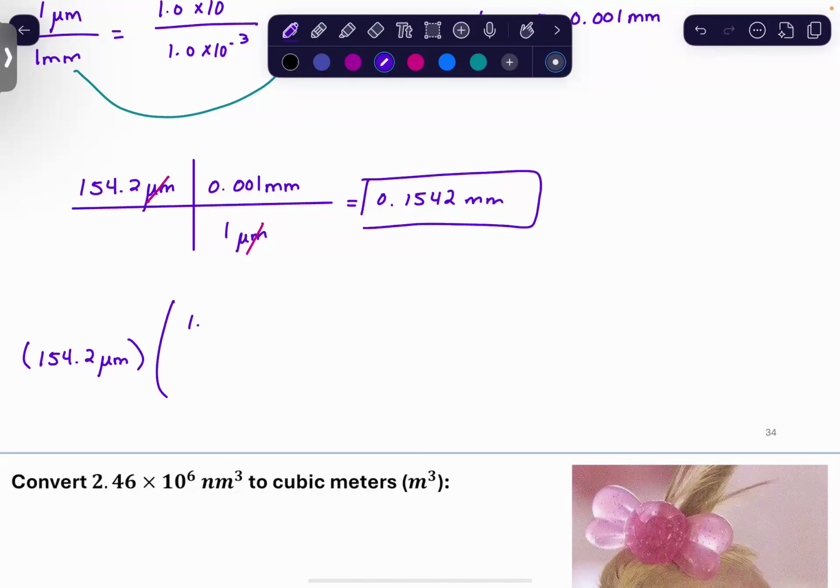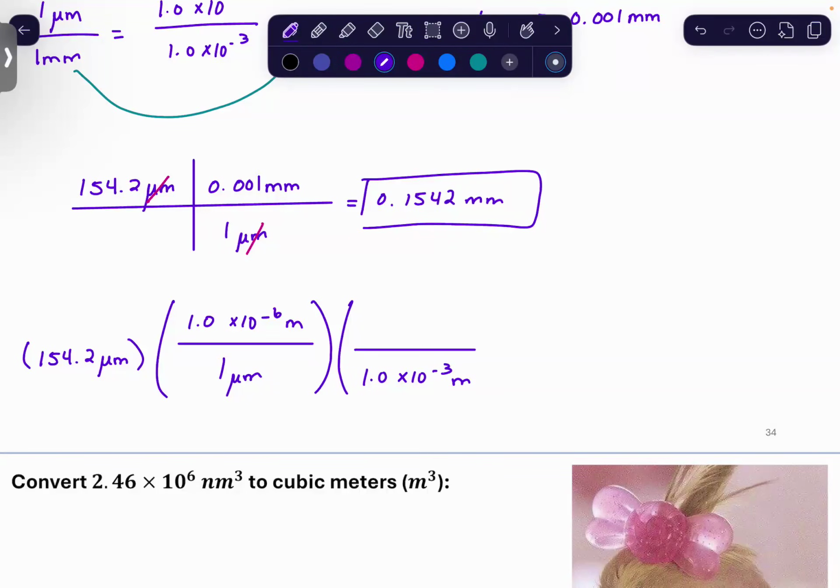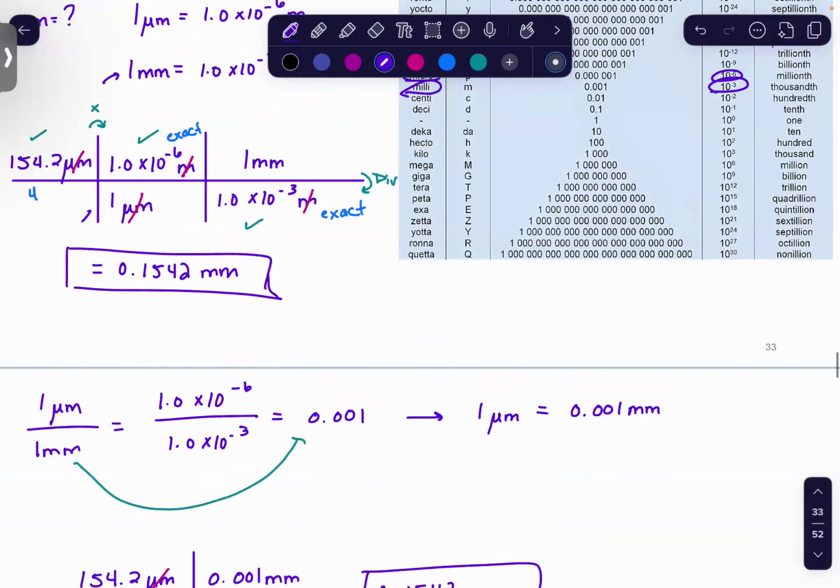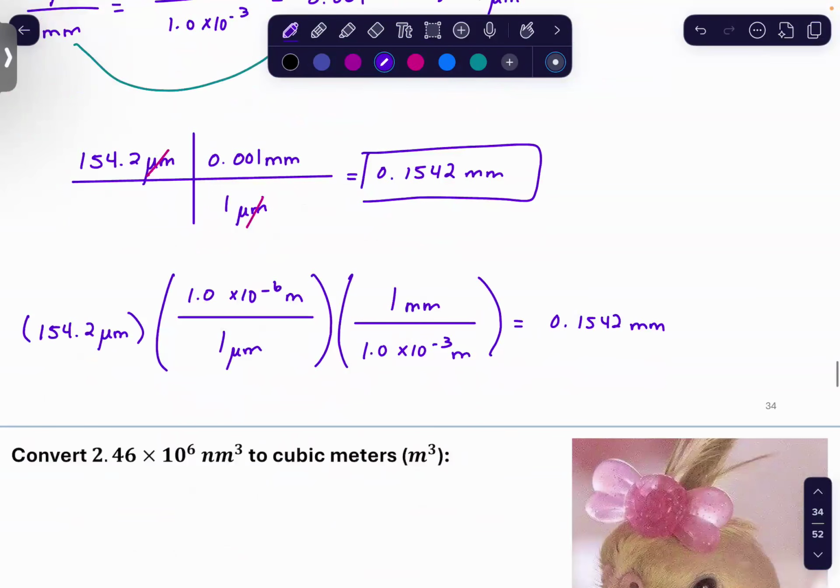So then we have 1.0 times 10 to the negative 6 meters per one micrometer, and then 1.0 times 10 to the negative third meters per 1 millimeter, and that's going to give us our 0.1542 millimeters.